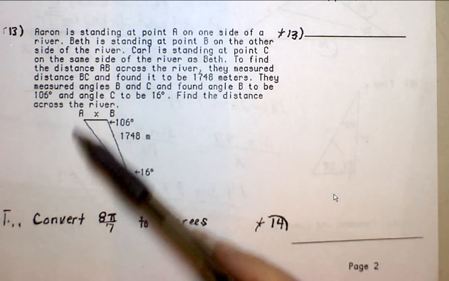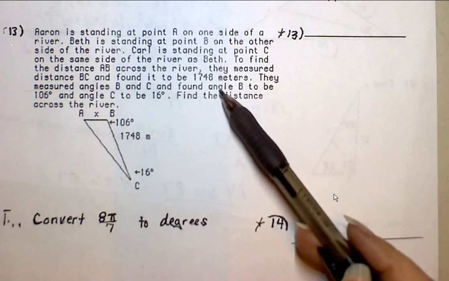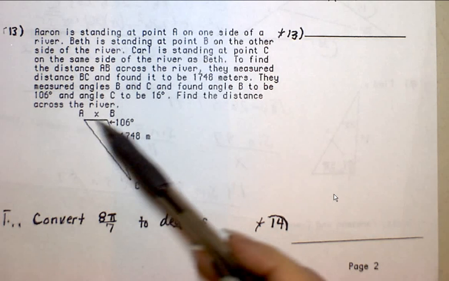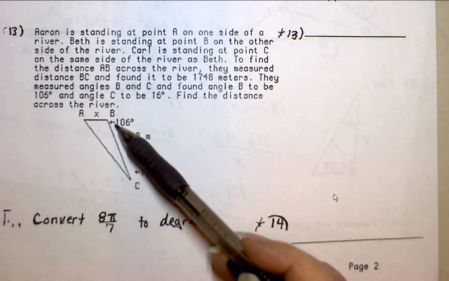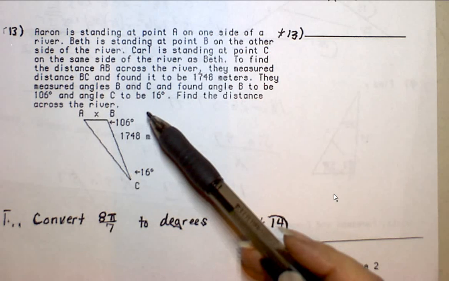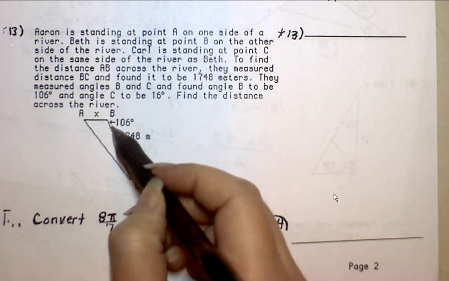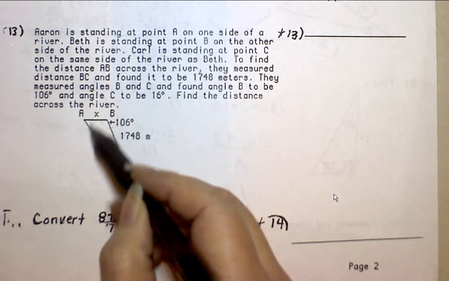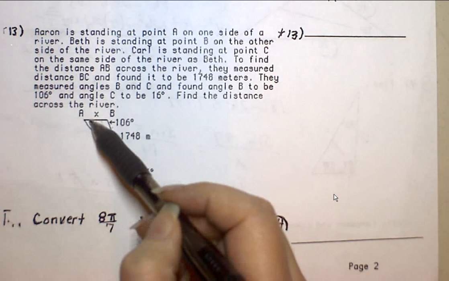Alright, so now we have, it tells us who's standing where and just the lengths and stuff. If you need to, pause it if you want to read through it. But what we're doing is we're finding x. So we're given an angle here, and we definitely could find this angle. So that's my first step, because I'm going to have to find this angle right there.